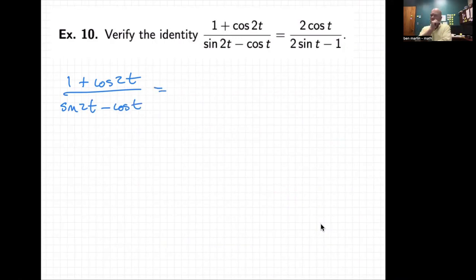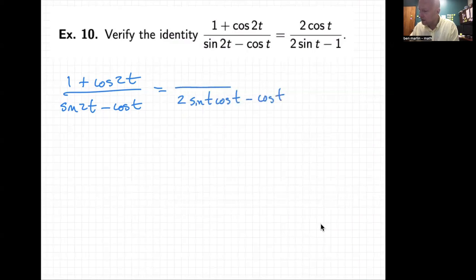Okay. Now, I don't really know what to do with the top. I'm going to put one of the cosine 2 theta formulas in, but I don't know which one. So let's see what we can do at the bottom. Sine 2t is 2 sine t cosine t. We're saying minus cosine t.